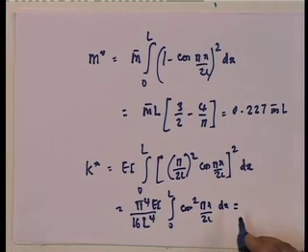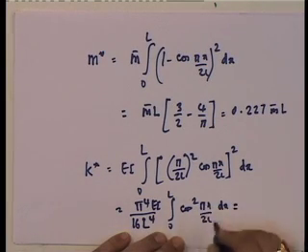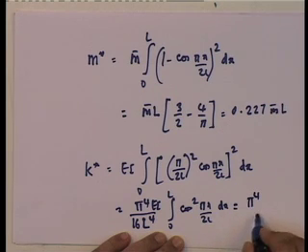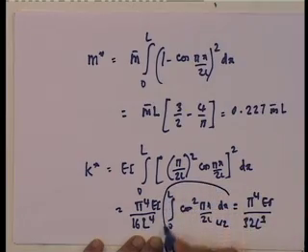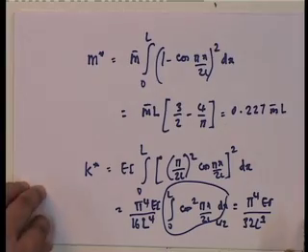This term becomes L upon 2, we've already seen that. So this becomes pi fourth EI upon 32 L cubed, because this term is L by 2. This we've already seen from here, so I didn't want to do this.